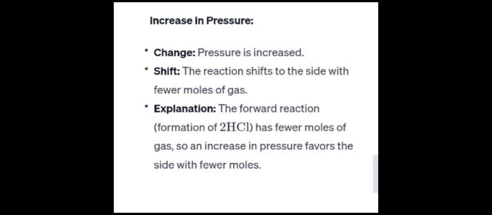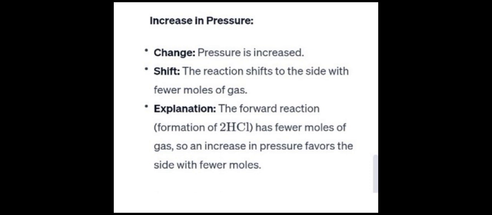For the last question, an increase in pressure. The change here is that pressure is increased, and it shifts to the side with fewer moles of gas because the pressure increased, like in the illustration or picture I showed. The explanation is that the forward reaction, the formation of 2HCl from H2 plus Cl2, has fewer moles of gas.